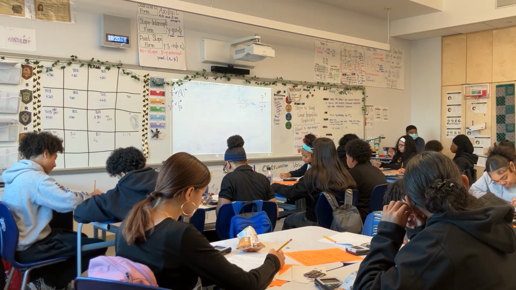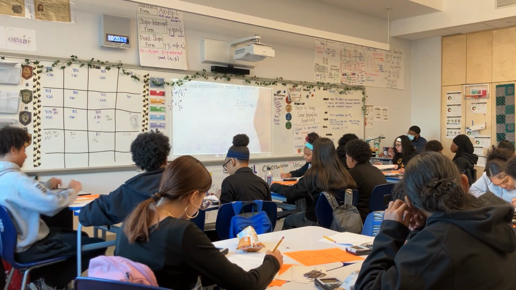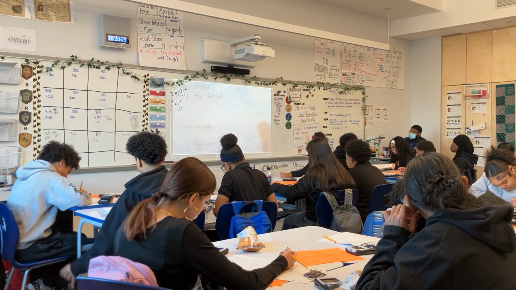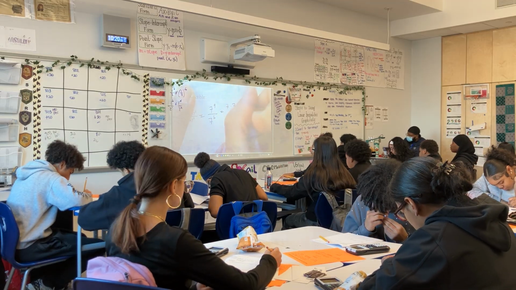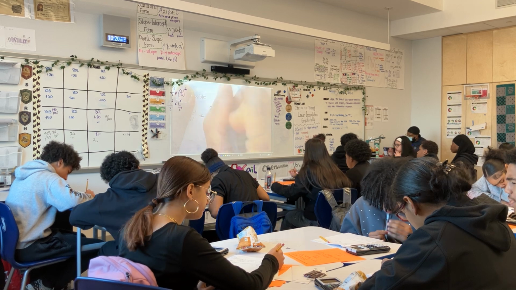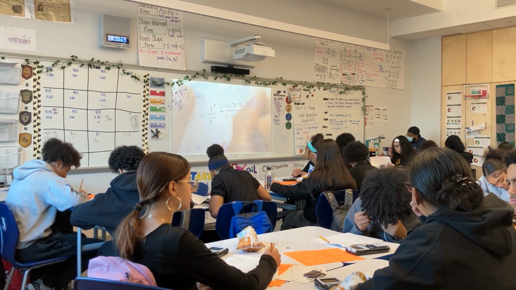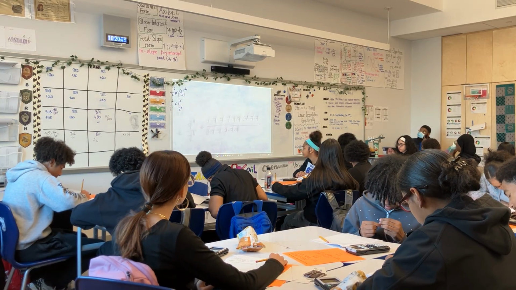Write them out, write it in expanded form, and then divide it. So Sage said, Mr. Lyons, I want you to do 7 times 7 times 7 times 7 times 7 times 7 times 7. Sage, you hate me?